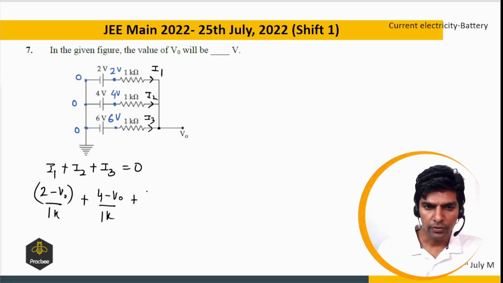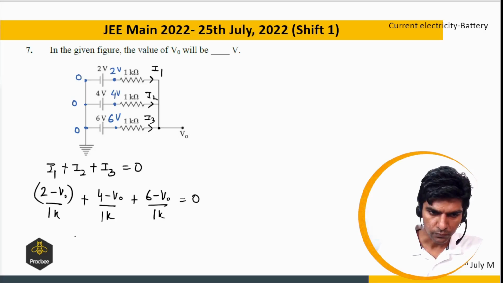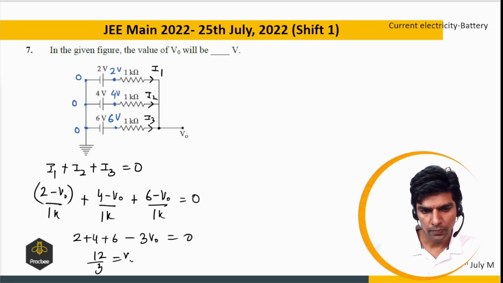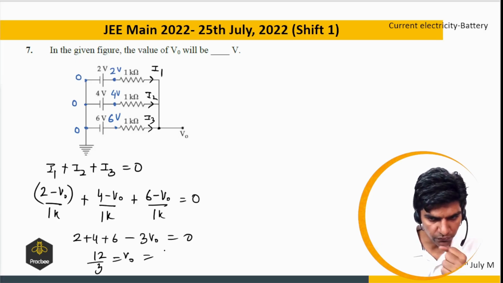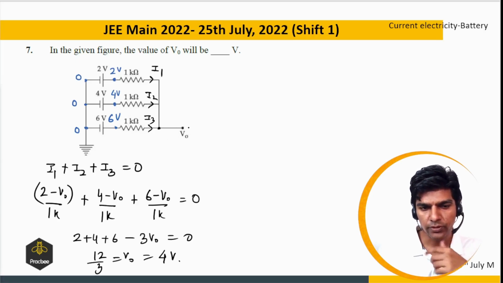And I3 can be written as 6 minus V0 divided by 1 kilo, and that should be equal to 0. So from this, 2 plus 4 plus 6 minus 3 V0 should be 0. So it will be 12 by 3 equals V0. So it will be 4 volts. So V0 comes out to be 4 volts. So this is one of the techniques.